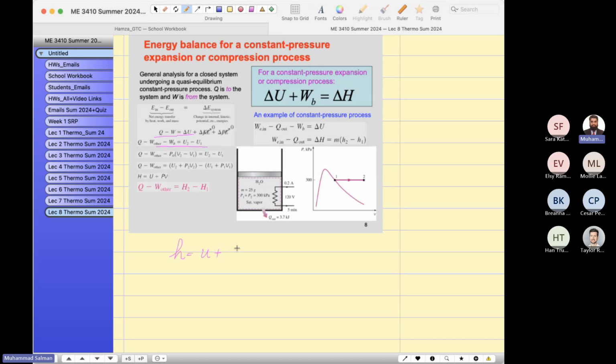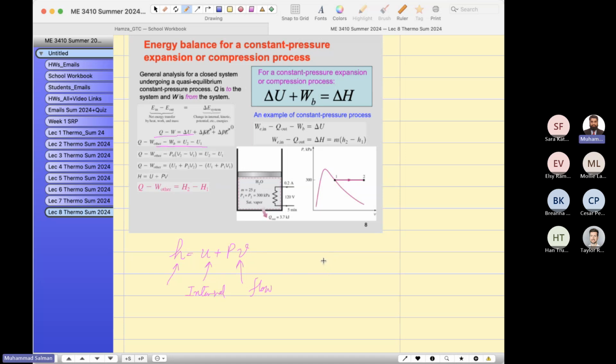H equals U plus pressure times specific volume. This is the flow energy. This is the internal energy. So a fluid moving contains enthalpy. Enthalpy is a very important property of a moving fluid.